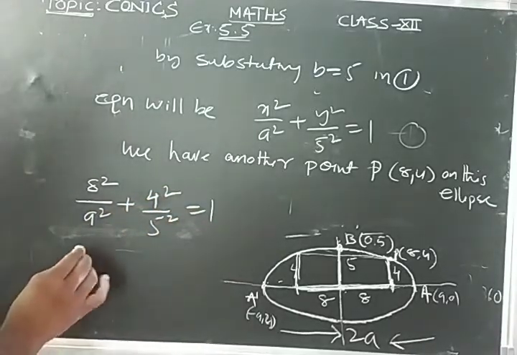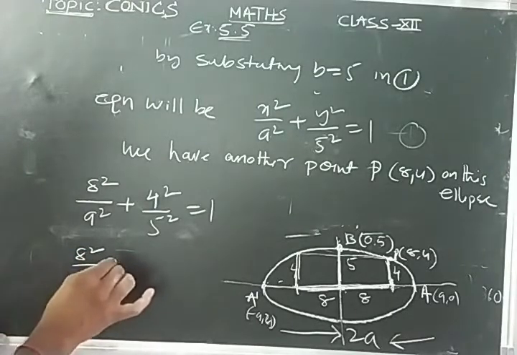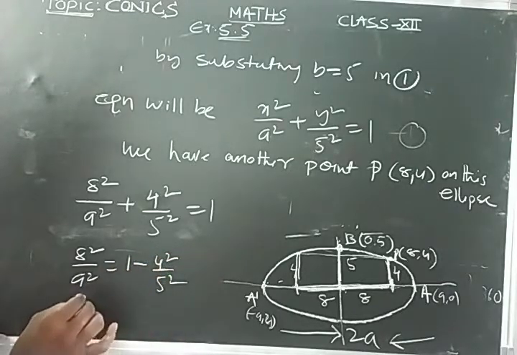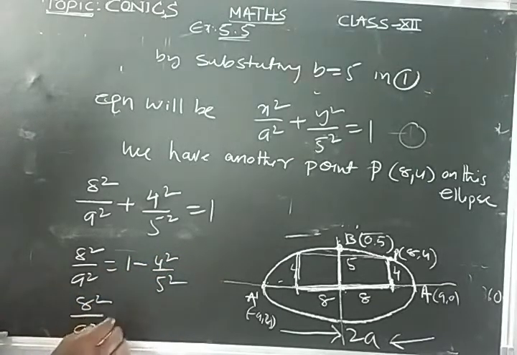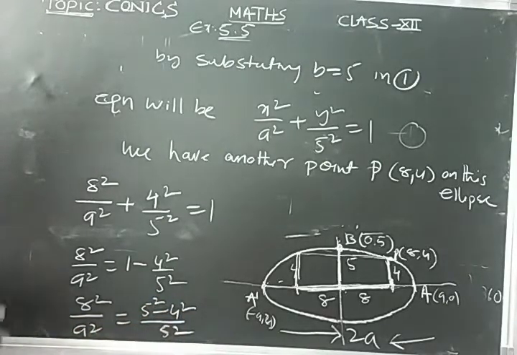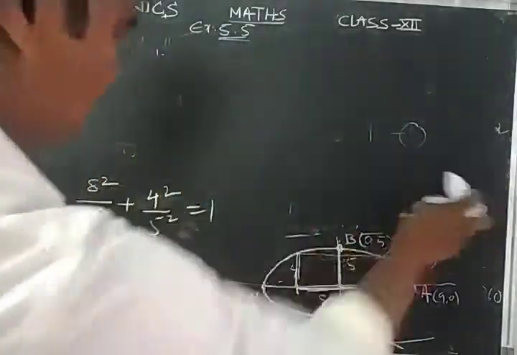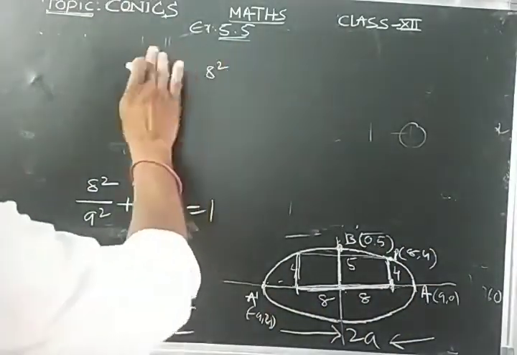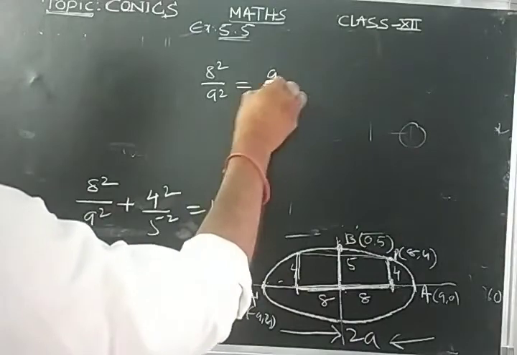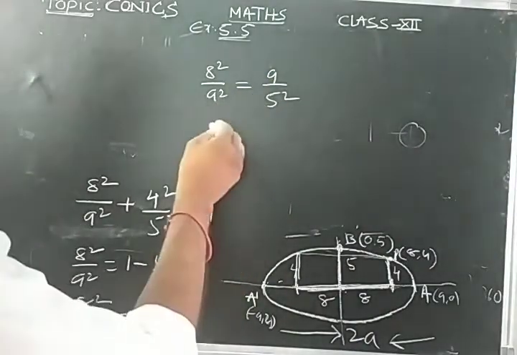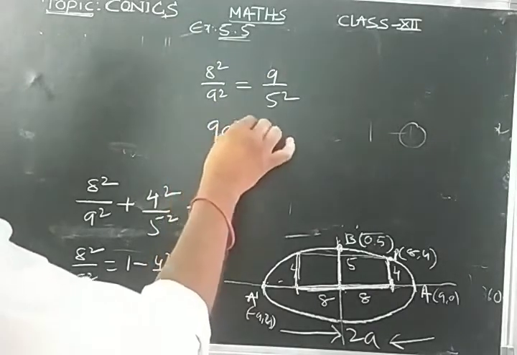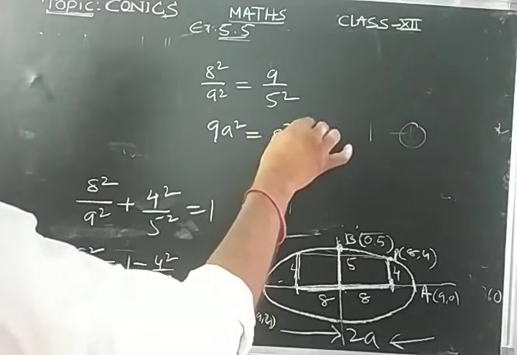By simplifying, 8 square by a square is equal to 1 minus 4 square by 5 square, which is 5 square minus 4 square by 5 square. By solving this, 8 square by a square is equal to 9 by 5 square. By cross multiplication, 9a square is equal to 8 square into 5 square.